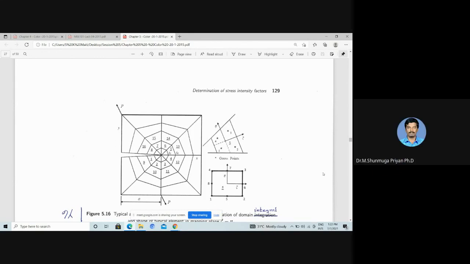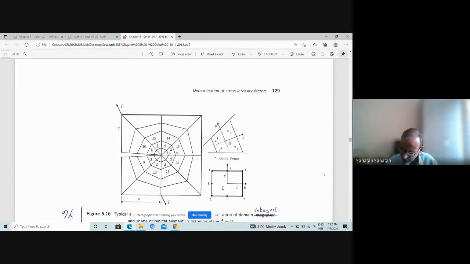Sir, finite element analysis is normally called an approximate solution method. So the crack tip analysis, by way of the Gaussian quadrature method, could help to find out the problems in the crack tips also, sir. The Gaussian quadrature method is the normal integration method.